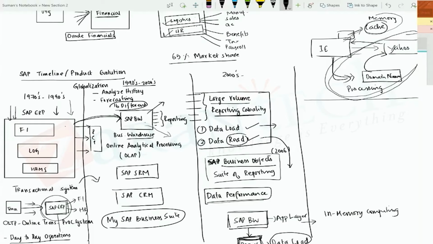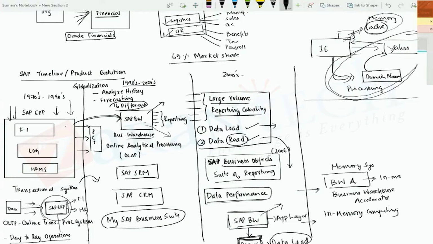So SAP created a new product called BWA. BWA is nothing but Business Warehouse Accelerator. Think of it as an accelerator to your existing BW application. This was the first in-memory computing functionality. So what does this BWA do? It is a purely memory system.